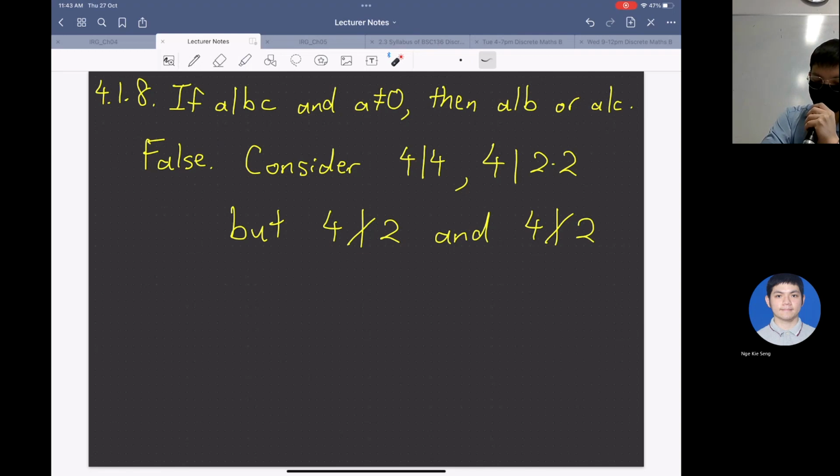If a divides the product, and a is not 0, does a divide the factors? The answer is no. Then you give a counterexample: 4 divides 4 times 2, but 4 doesn't divide 2.